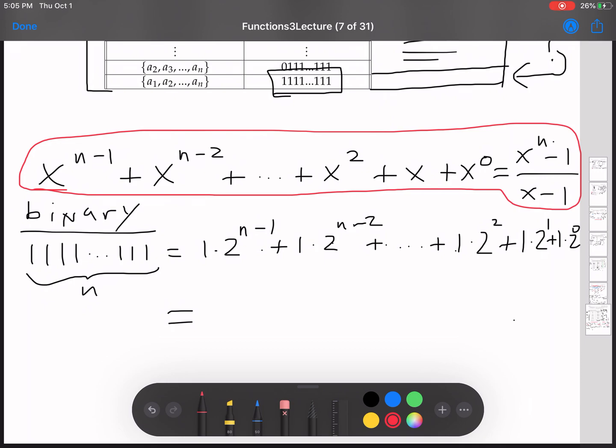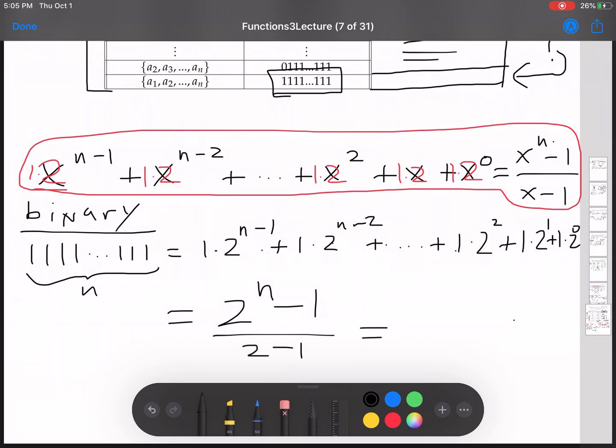Right, so we're putting a 2 in here. A 2 there. 1 times a 2 there, 1 times a 2 there, 1 times a 2 there, 1 times a 2 there. So this is equal to 2 to the n minus 1 over 2 minus 1. 2 minus 1 is 1, so that's just 2 to the n, and the exponent minus 1.